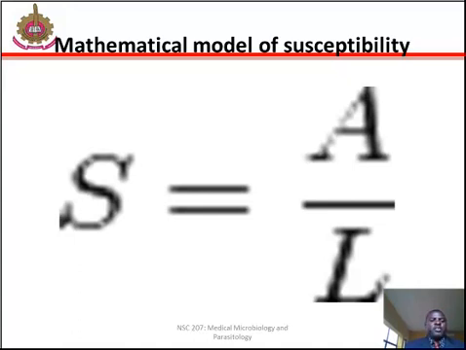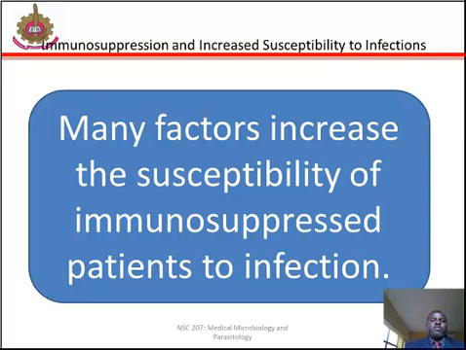So apart from that, let's look at immunosuppression and how it leads to increased susceptibility to infection. Many factors increase susceptibility of immunosuppressed patients to infection. Because anybody with immunity has what it takes to fight infection.